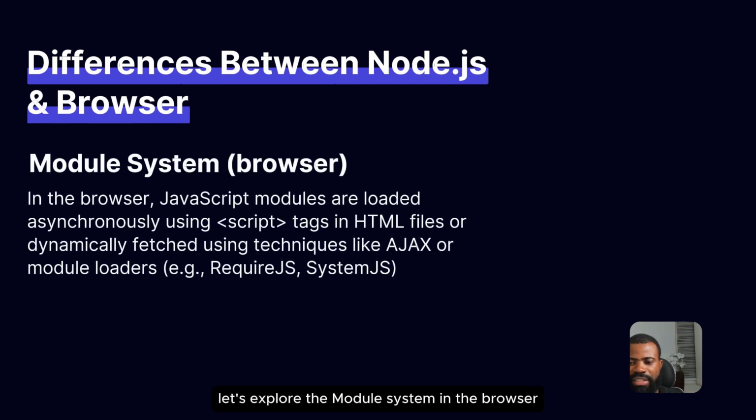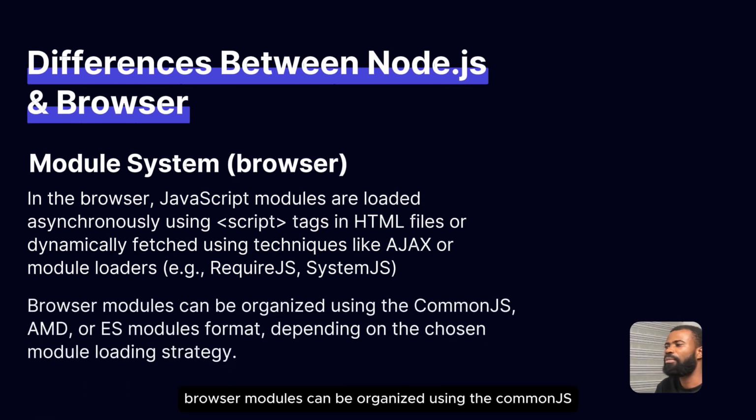In the browser, JavaScript modules are loaded asynchronously using script tags in HTML files or dynamically fetched using techniques like Ajax or module loaders, that is, Require.js or System.js. Browser modules can be organized using the CommonJS, AMD, or ES modules format, depending on the chosen module loading strategy.